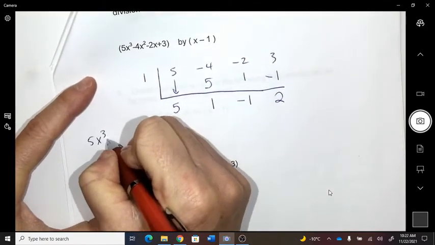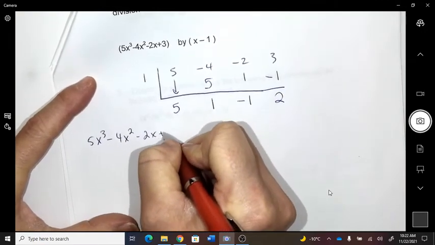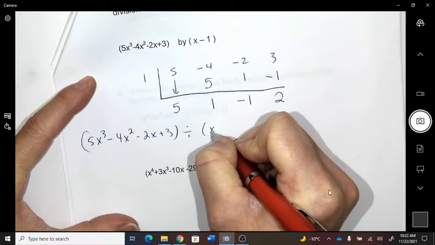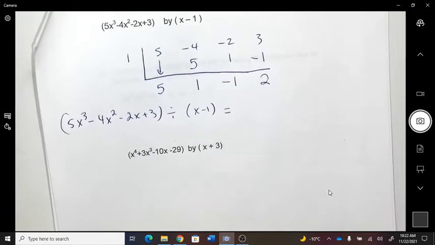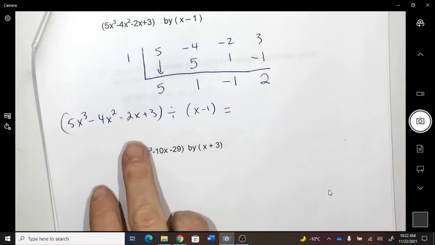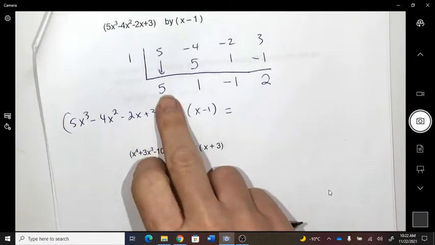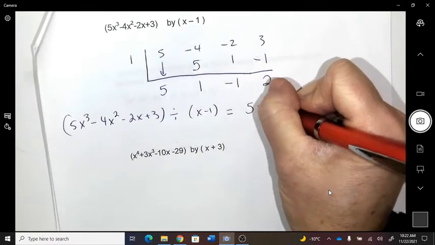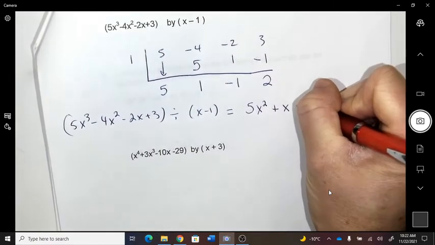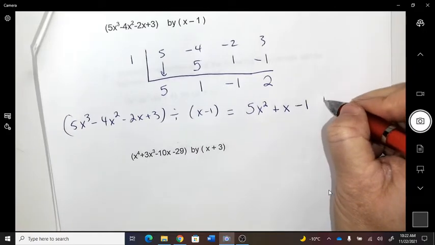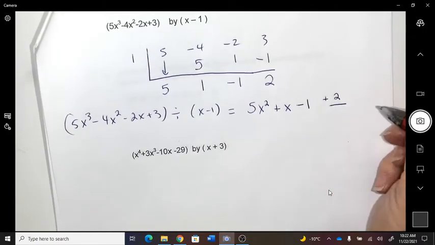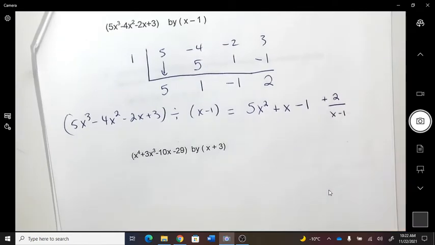So 5x cubed minus 4x squared minus 2x plus 3 divided by x minus 1 equals what? 5 what? 5x squared plus 1x minus 1. And how do you write that remainder of 2? Plus 2 over x minus 1.